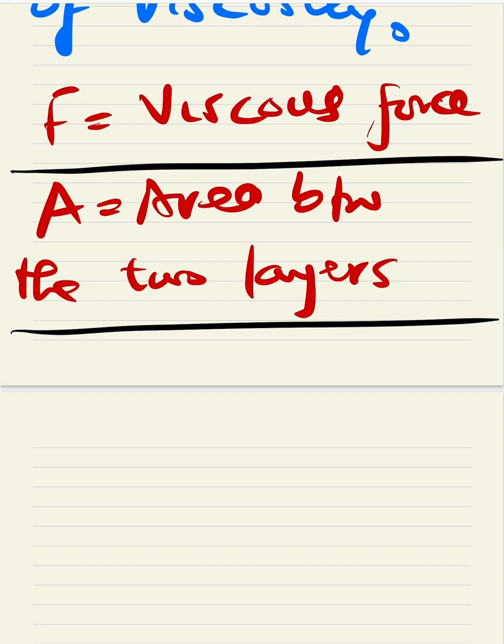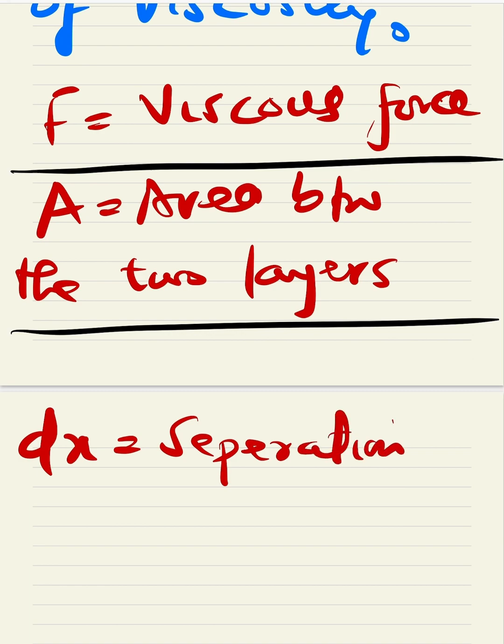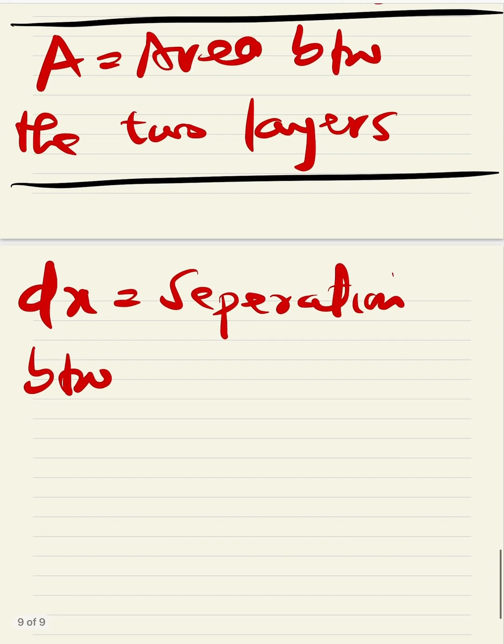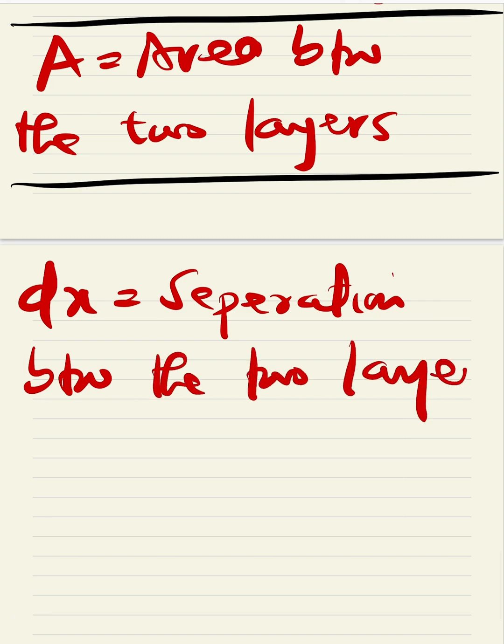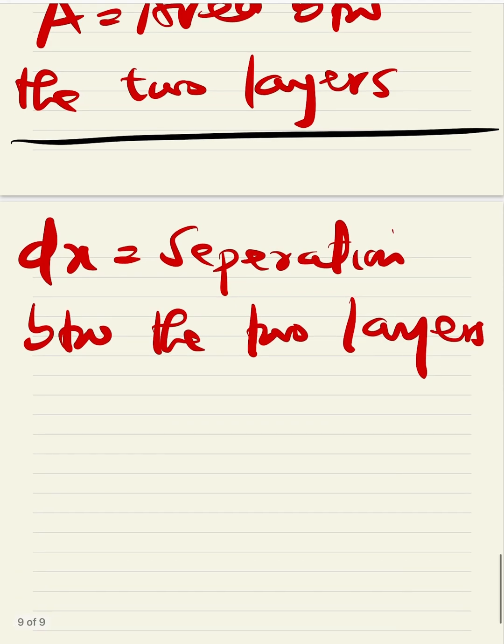The next parameter that we have there is dx. That is the change in the separation between the two layers, which we usually use as the separation between the two layers, right?